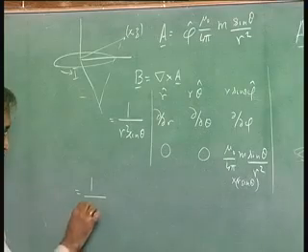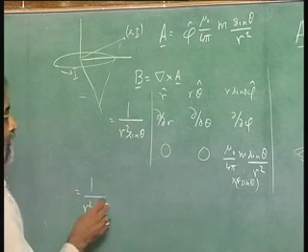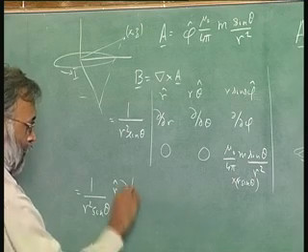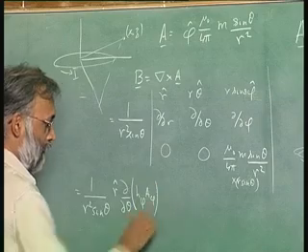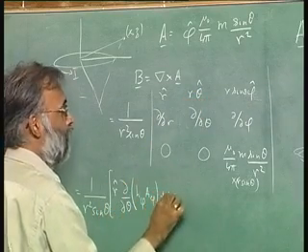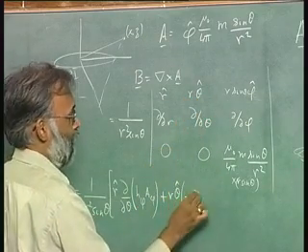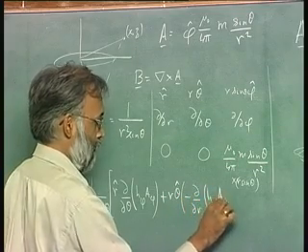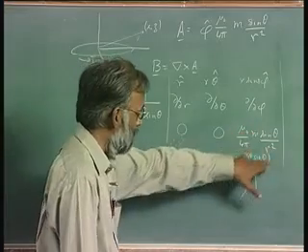It's 1 over r squared sin theta, r hat times del del theta of this, which I will call h phi A phi, and then plus r theta hat times minus del del r of h phi A phi. h phi A phi is nothing but this term.